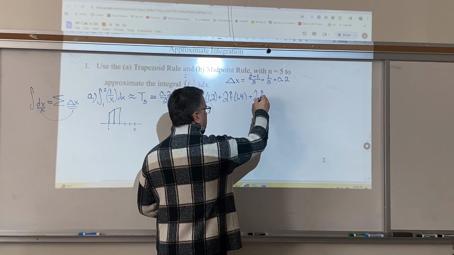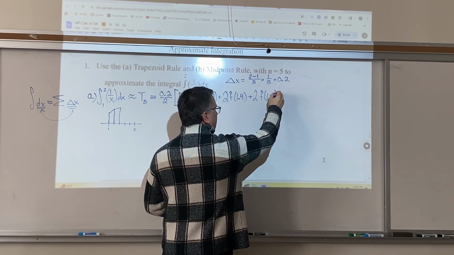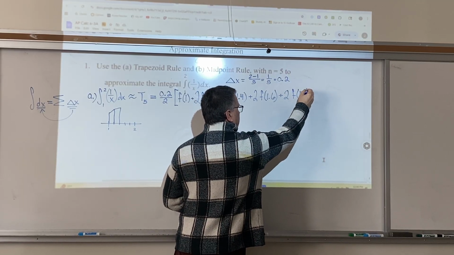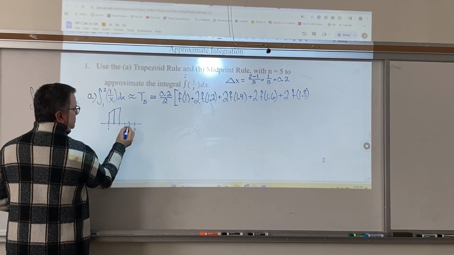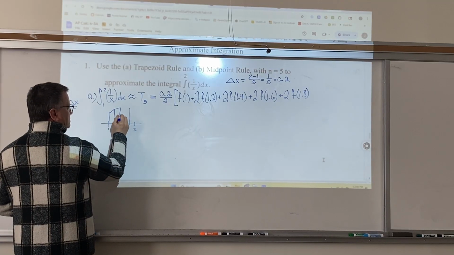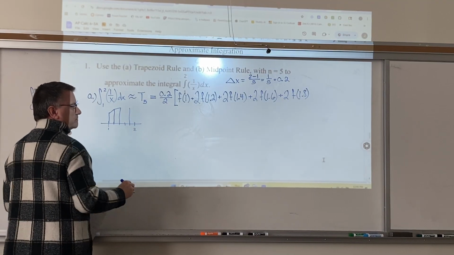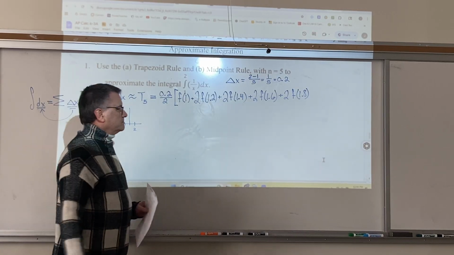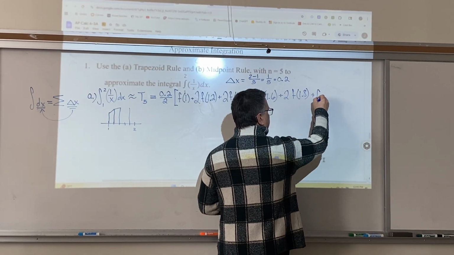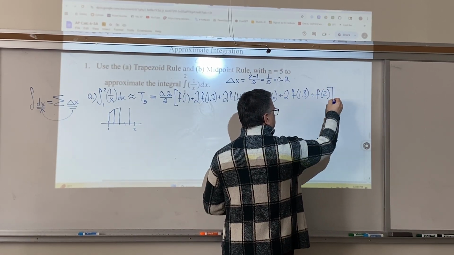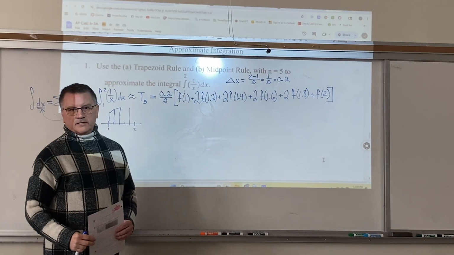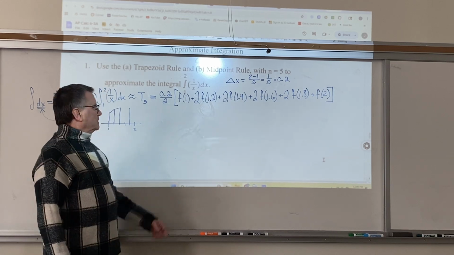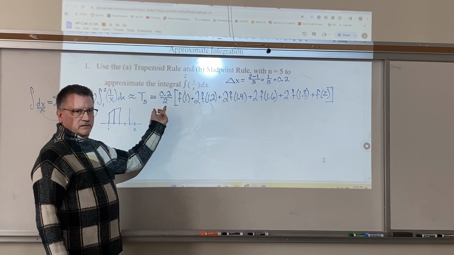What's the height when x is 1.6? What's the height when x is 1.8? Of course, that one has a side going to this one and a side going to that one. The last one is 2, and I'm only using that side once. Since they're the same width, width times height, width times height, I pull the width out and adjust it by dividing by 2.